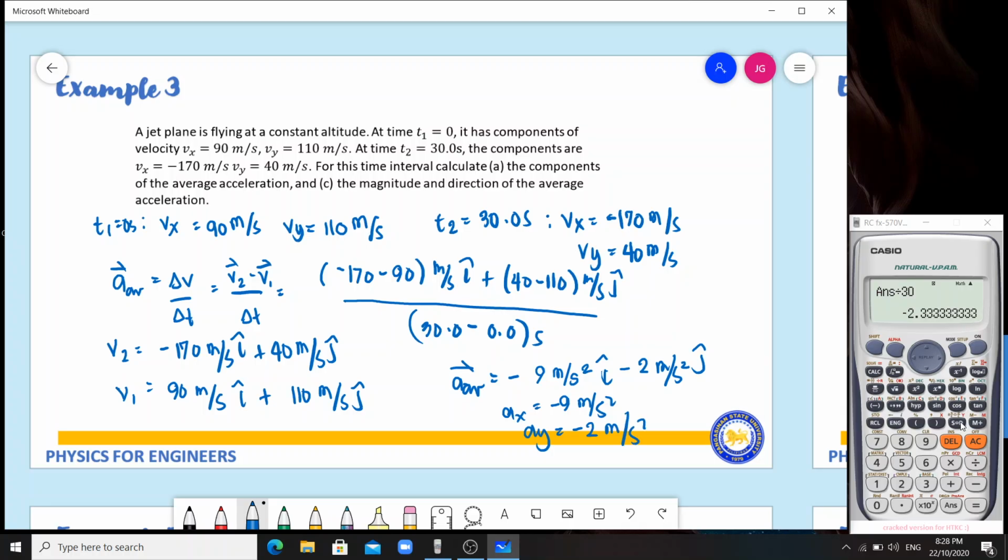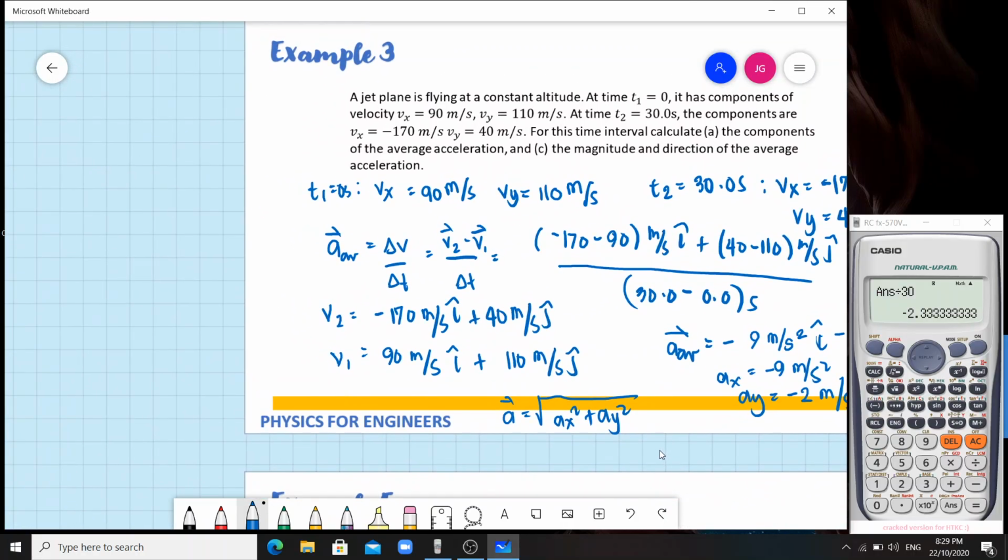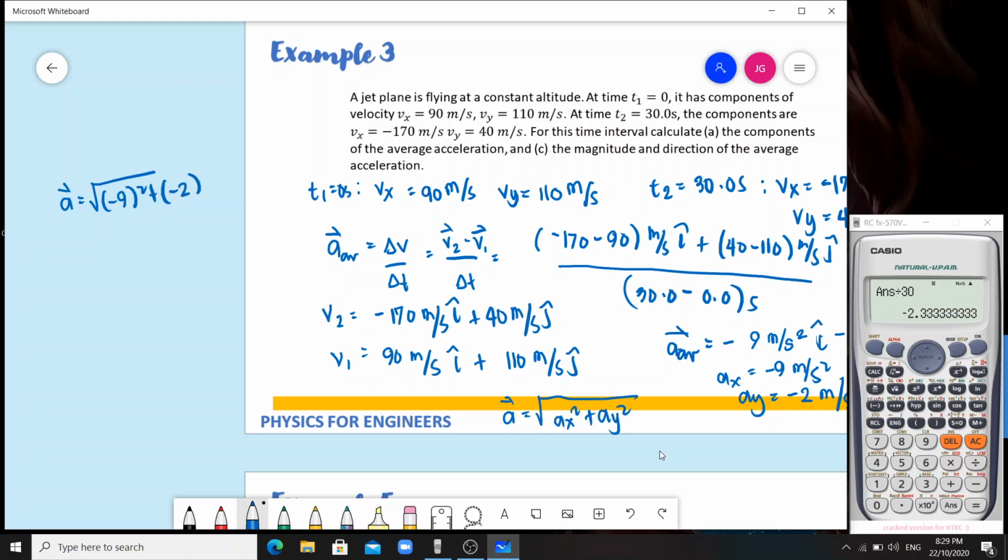And if you will compute for the magnitude and the direction, so syempre magkakaroon tayo ng AX squared plus AY squared. So A is equal to the square root of negative 9 squared plus negative 2 squared.